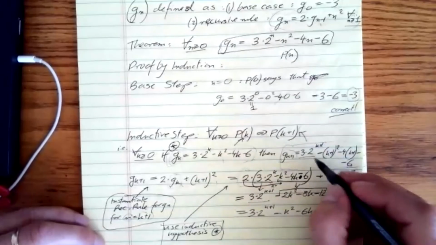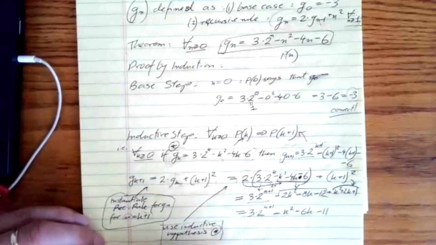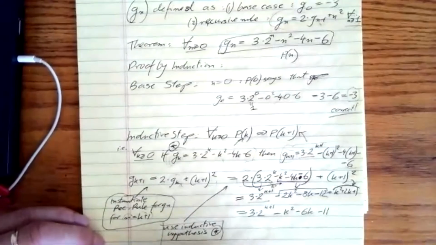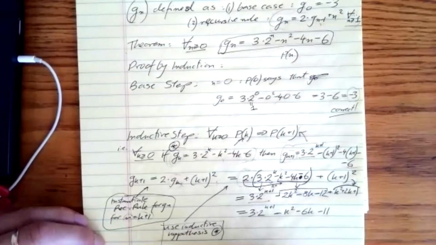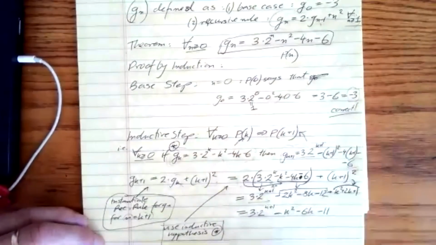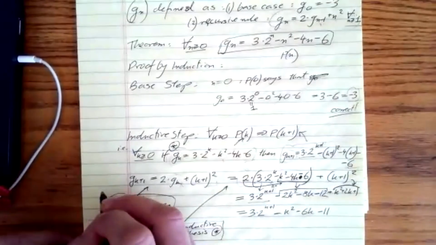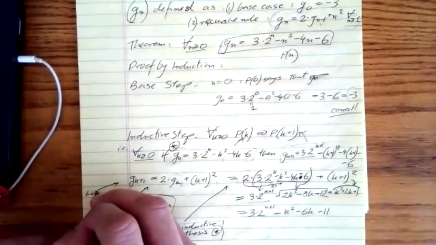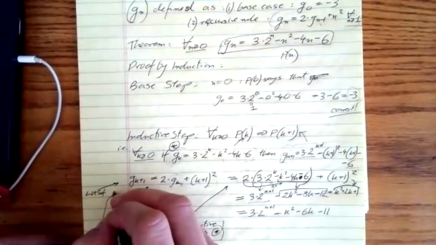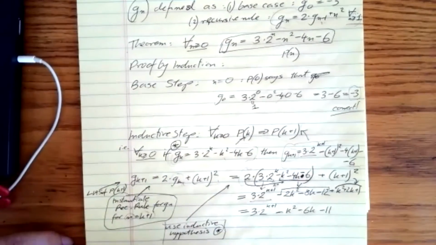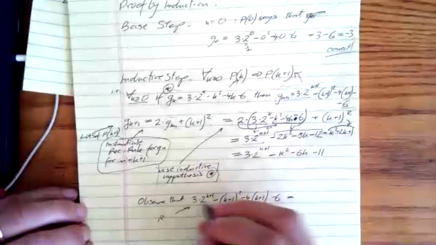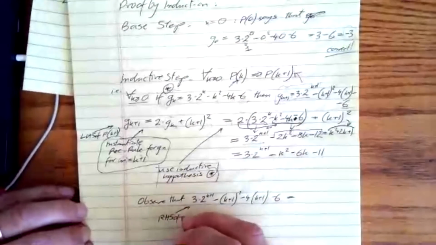And you know what? Now observe that 3 times 2 to the k plus 1 minus (k plus 1) squared minus 4(k plus 1) minus 6, in other words, the right-hand side. So I'm starting with the left-hand side of my target, and I'm going to end at the right-hand side of my target.